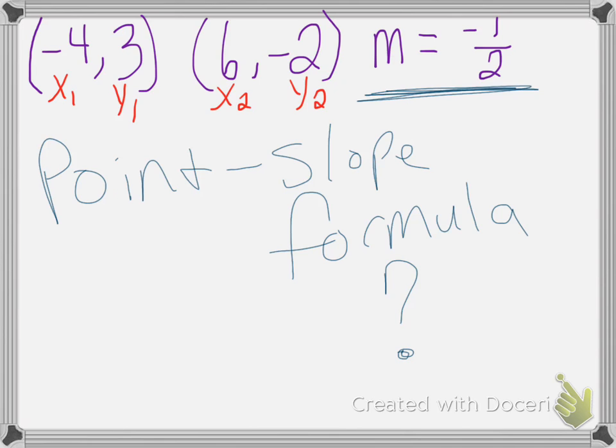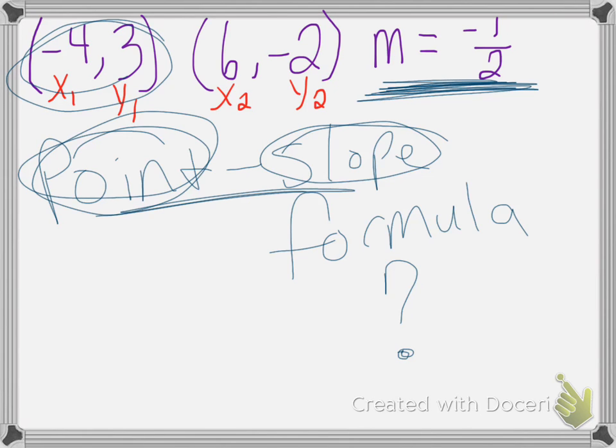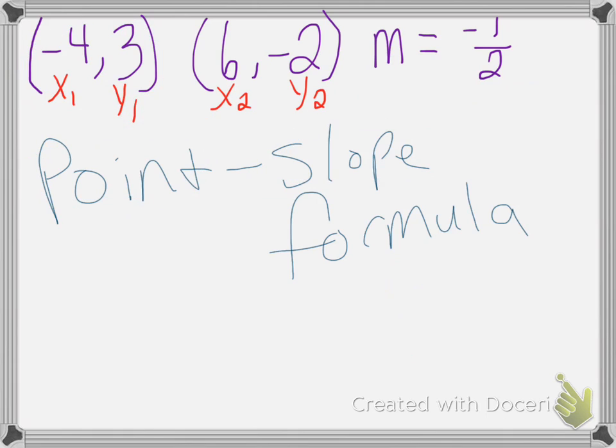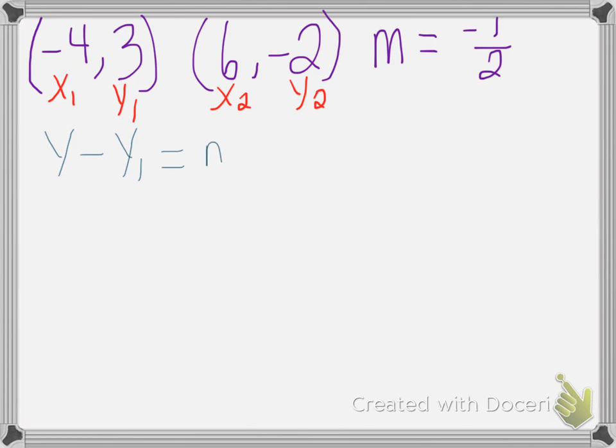Because this is the slope, and what do I have right here? Points. So point slope formula. Point slope formula is y minus y1 equals m times x minus x1.